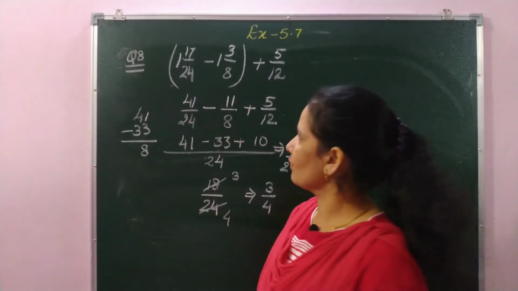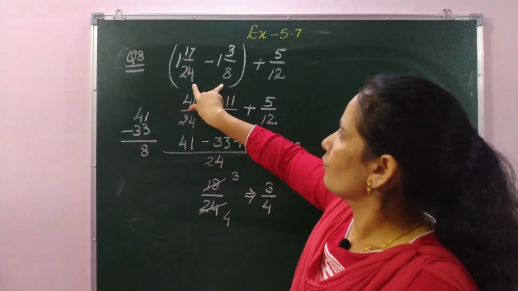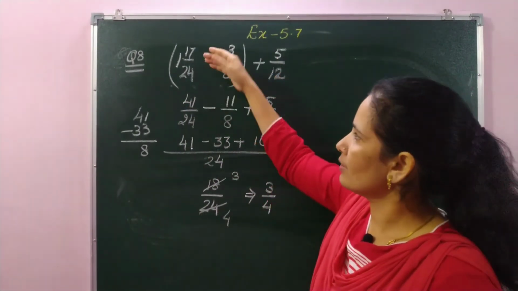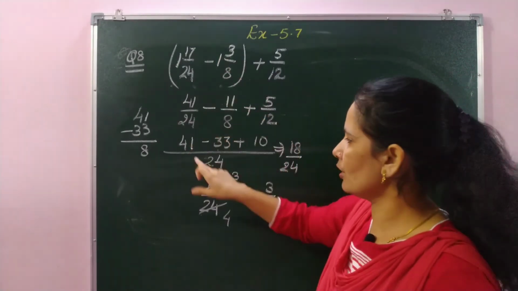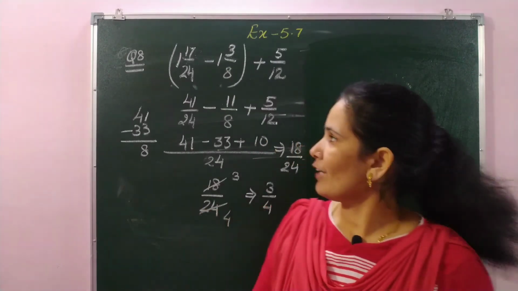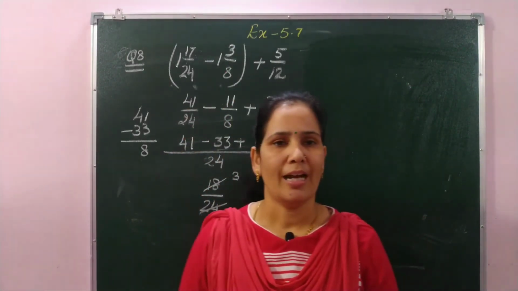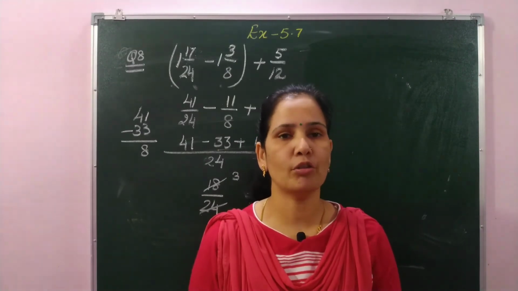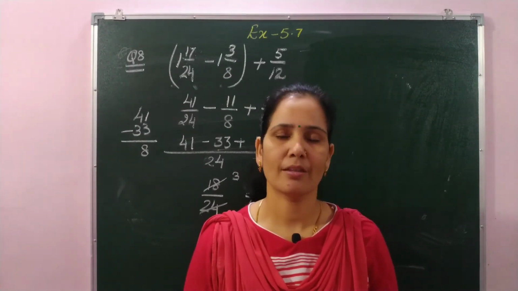In this question, they have given that from the difference of these two, you have to add 5 by 12. So same, first convert into improper fractions, take the LCM and then solve. Now friends, today we have discussed till question number 8, and for today this much only, and all these questions you have to do in your math register. Thank you, students.